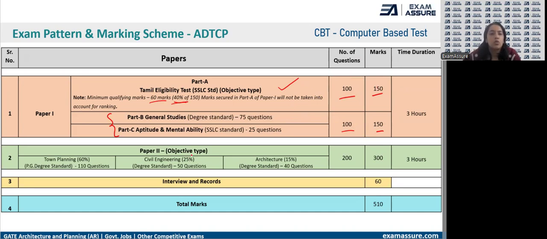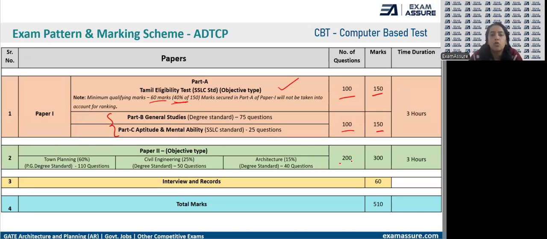As far as paper 2 is concerned, this would be divided into 3, that is town planning, civil engineering and architecture. Town planning would have the maximum weightage, where you would have 60% weightage or 110 questions from town planning, 50 questions from civil engineering, and 40 questions from architecture.